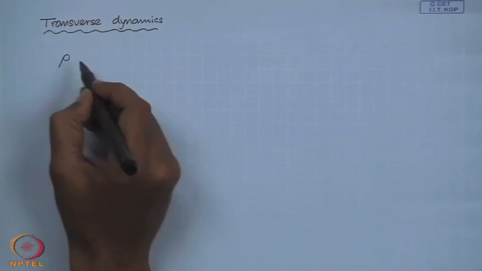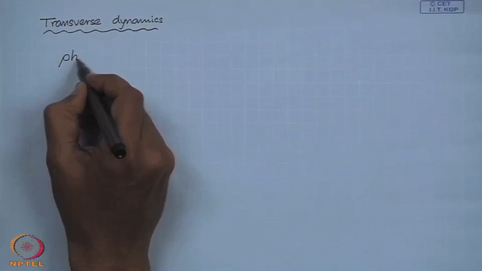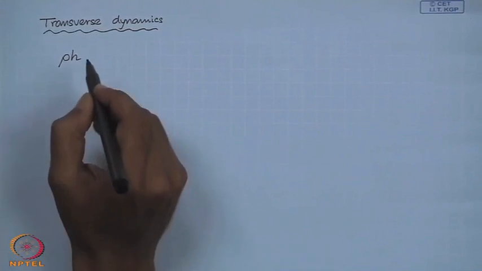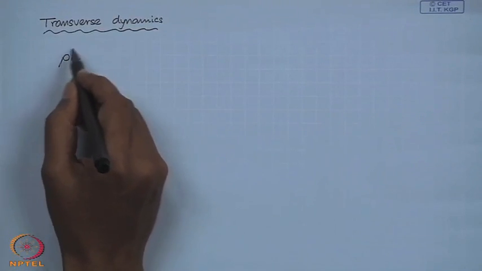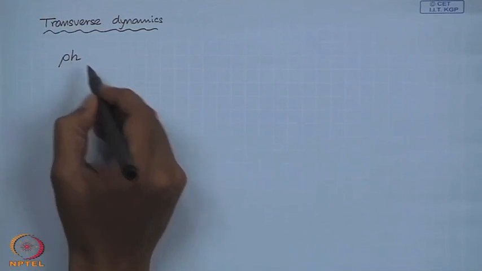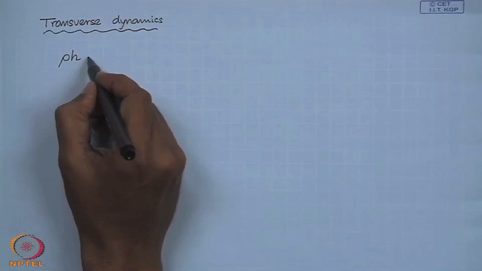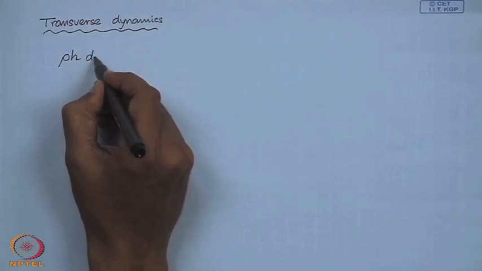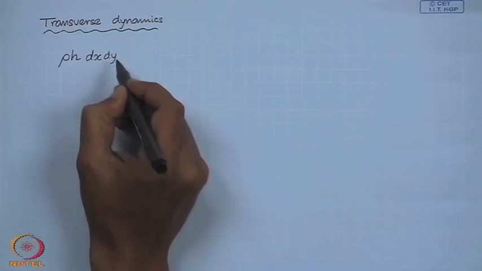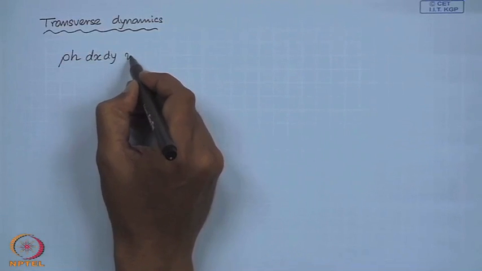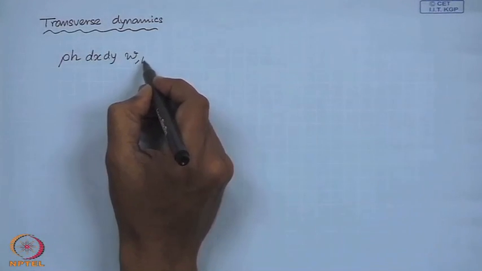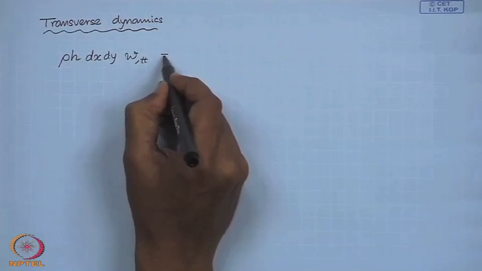If rho is the density of the material and h is the thickness, then rho h is mass per unit area, times the area of the little element, times the acceleration.